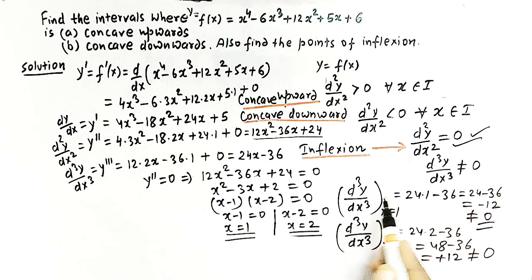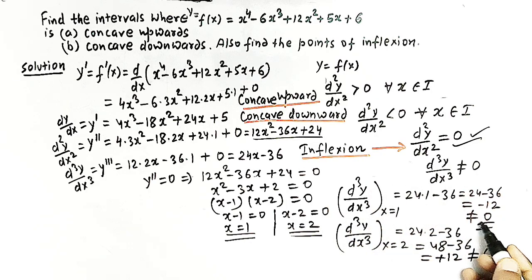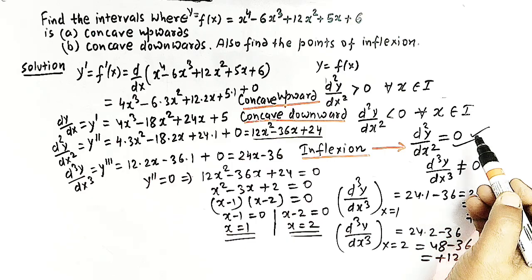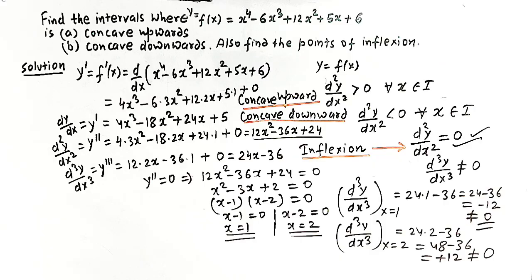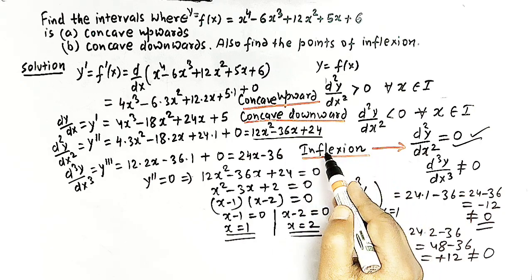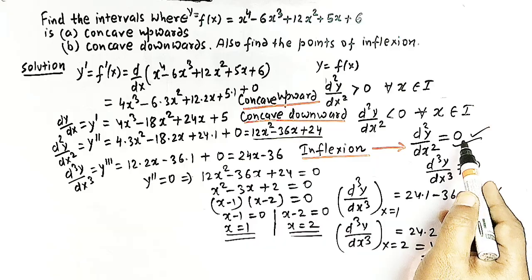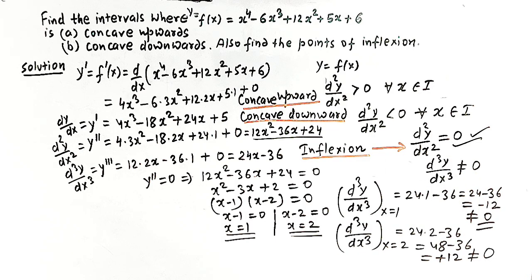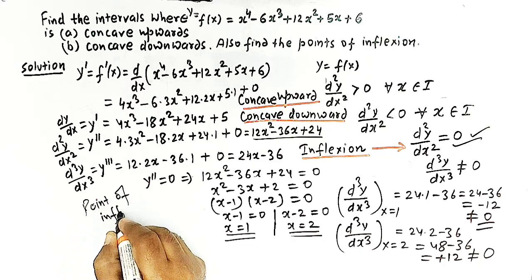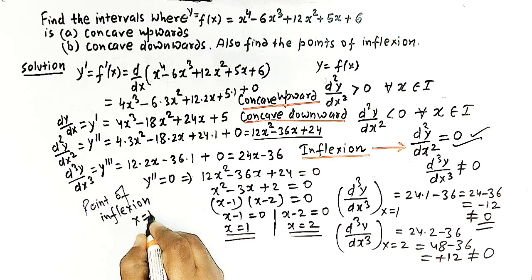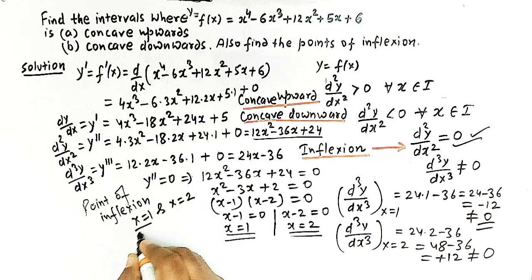So here we see that the third derivative is not equal to 0 for x is equal to 1 and for x is equal to 2. And these two values are obtained by solving the equation that the second derivative is equal to 0. So at the point of inflection, we must have the second derivative equal to 0, right? So here we can now claim that the points of inflection are given by x is equal to 1 and x is equal to 2, right?